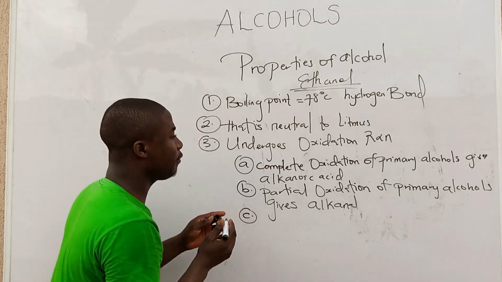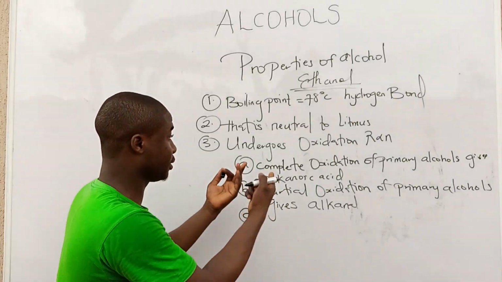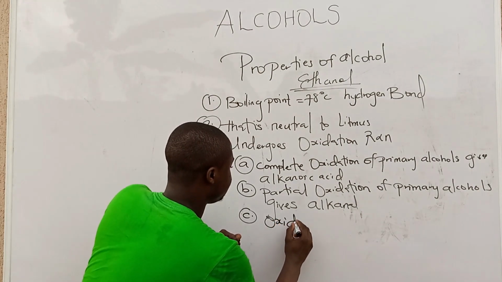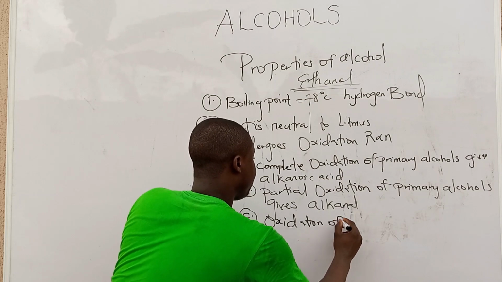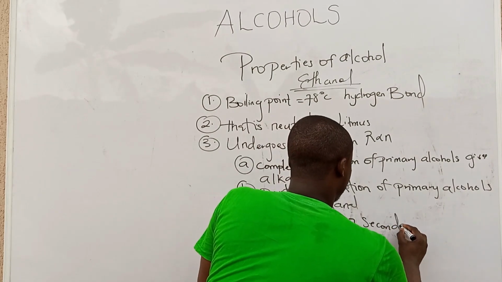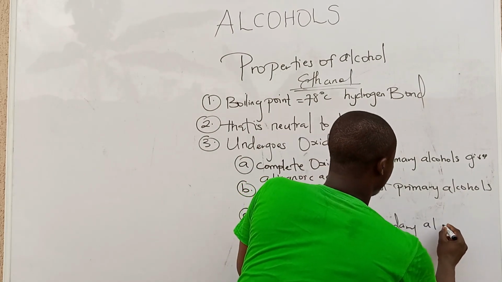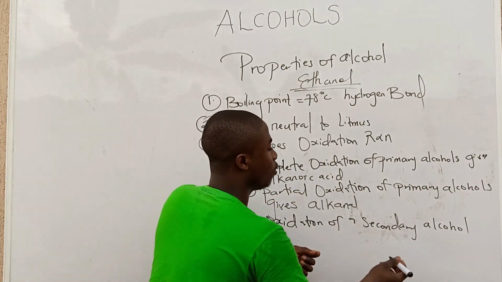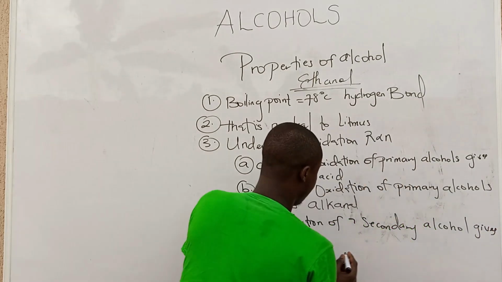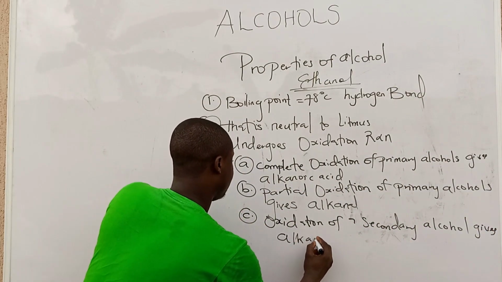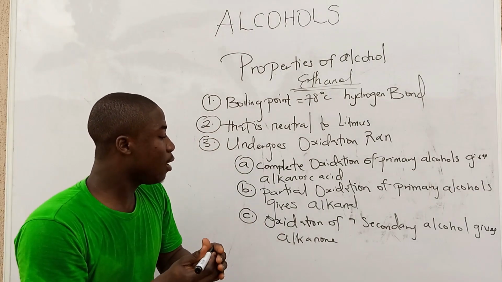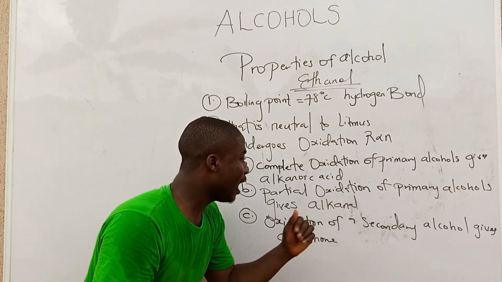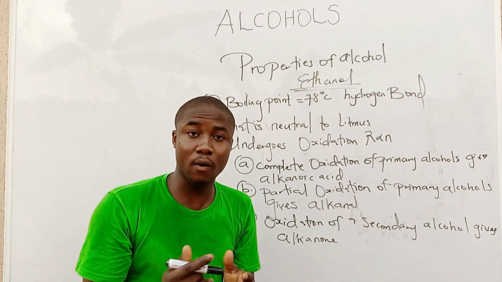The other oxidation reaction alcohols undergo is oxidation of a secondary alcohol. Oxidation of a secondary alcohol gives alkanone, whereby alkanones are also called ketone, and alkanones and alkanals are both carbonyl compounds.